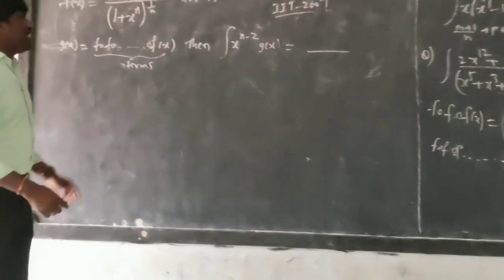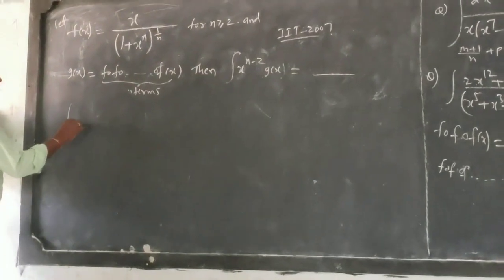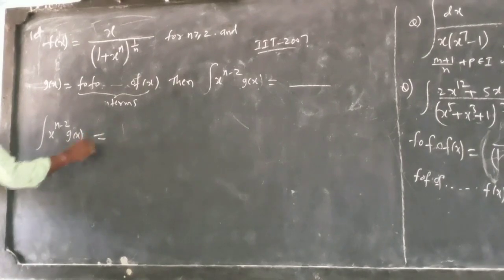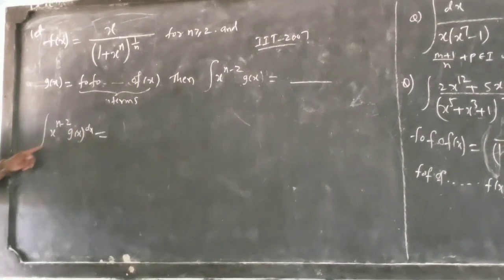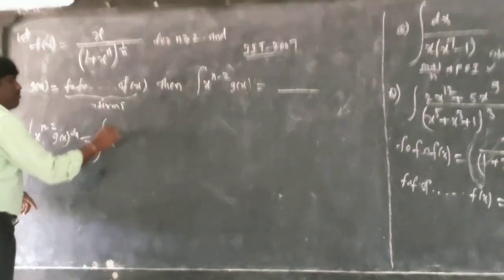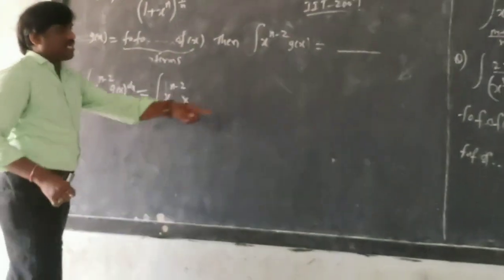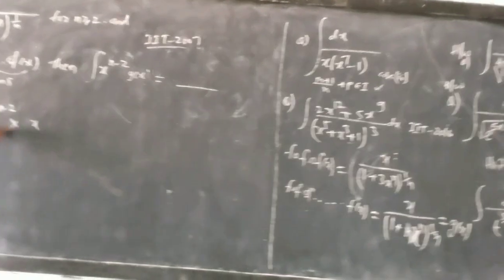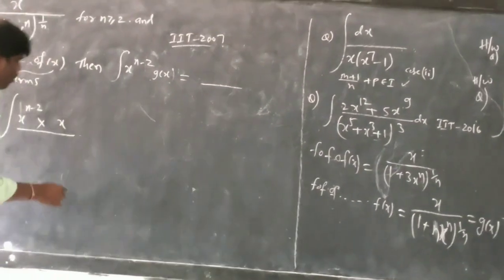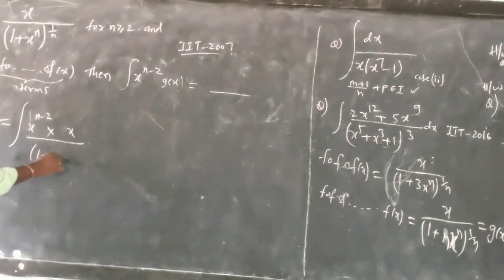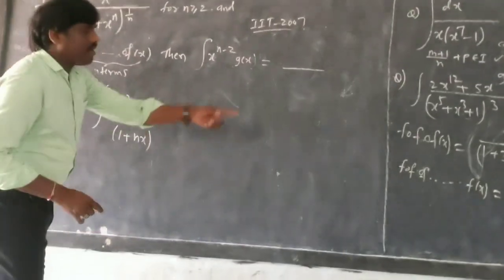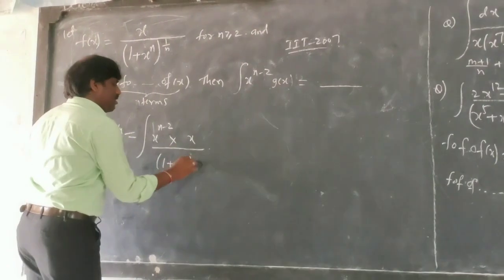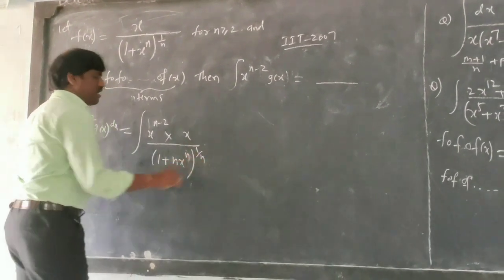Now I have to find the integration of x power n minus 2 times g of x. What is the g function, what you got here? x upon (1 plus nx power n) to the power of 1 by n.